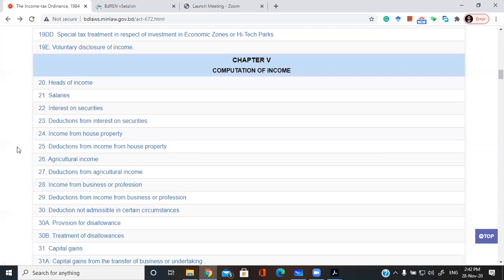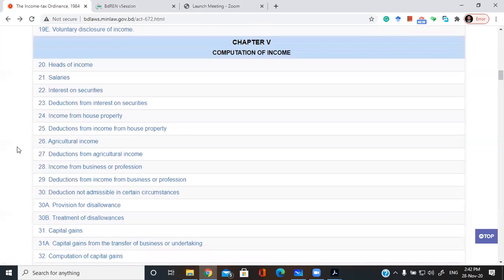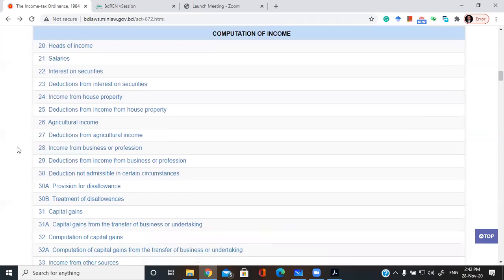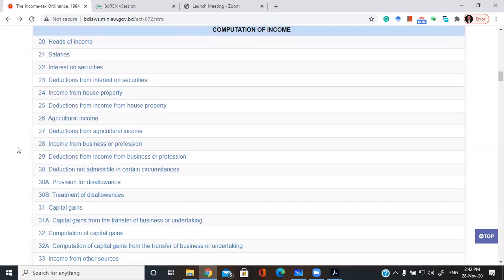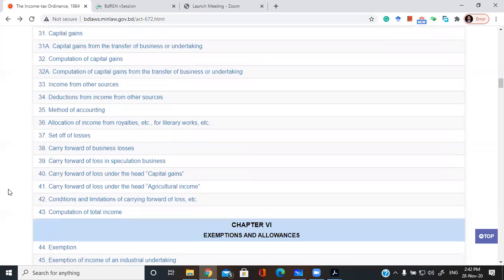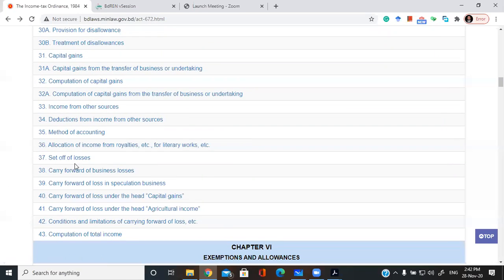If you ask how we can get the tax exempted amount from income from salary, you can still get the reference from here. Similarly, for set off and carry forward of loss, which we will discuss today, you can immediately observe that it will be from section 37 and section 38, and there are other additional sections devoted to set off and carry forward of loss.